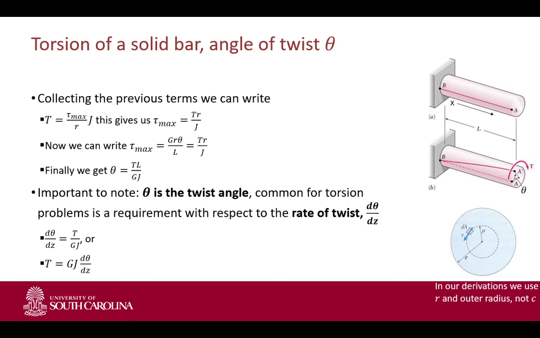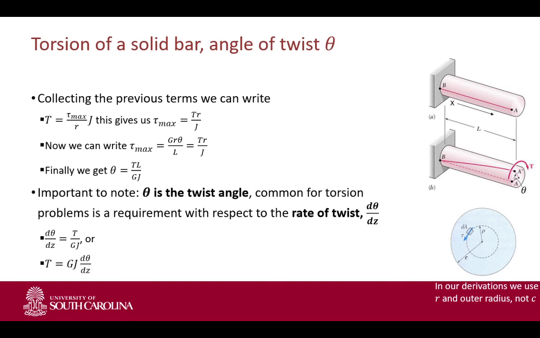And you can see that the angle of twist is of course maximum at the end. That's because we already said that the twist is linearly dependent with respect to the length. So if we have a 1 meter bar, the angle of twist at the end of 1 meter is different than at say 10 centimeters from the clamp. So because of that, we can also define something that looks at the variation with respect to the length.